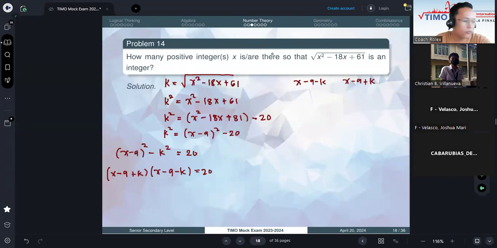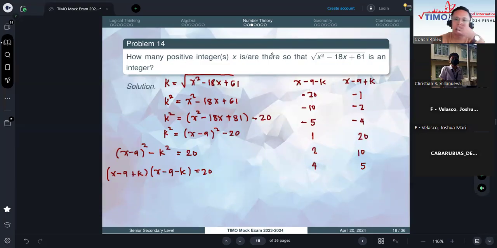If you have negative 20, of course, this is negative 1. If you have negative 10, this is negative 2. If you have negative 5, this is negative 4. You can rearrange that one. If you have 1, 2, and 4, this will become 20, 10, and 5.